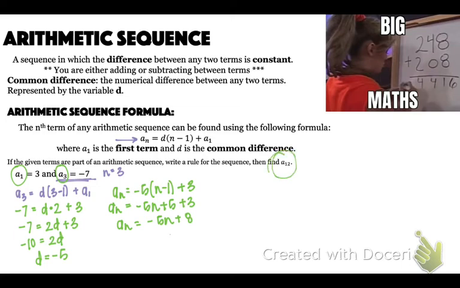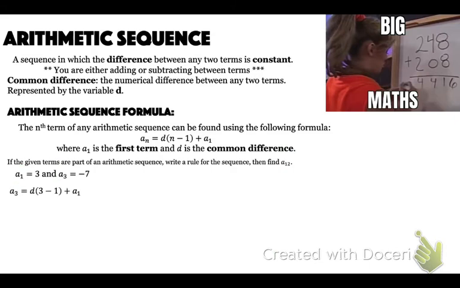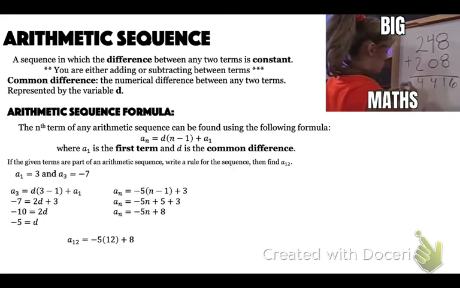But I want to find the 12th term, so a sub 12 equals negative 5 times 12 plus 8, which is negative 60 plus 8, so that's negative 52. Cool?